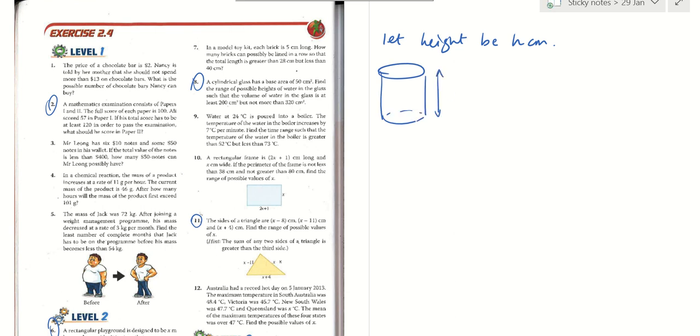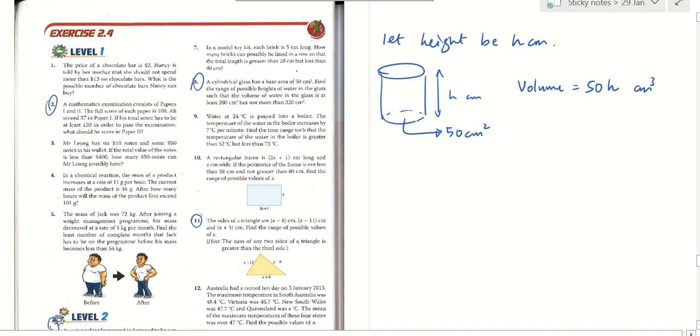So we let this be the height, and the base area, they told us, is 50 square centimeters. They want us to consider the volume of water. So volume is base area times height. So this is in cubic centimeters. Then there's a limitation. They want the volume to be at least 200 cubic centimeters. So it can be 200 or more than that.